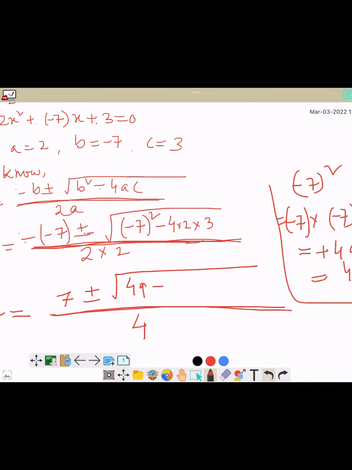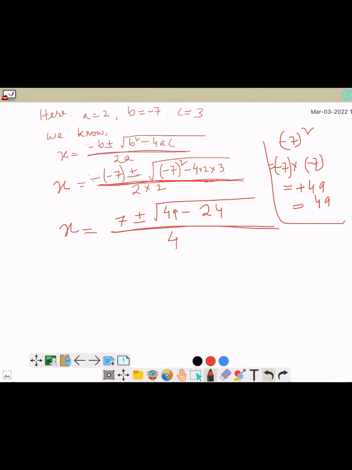Then this is minus, so you can simply multiply this: 4 into 2 is 8, 8 into 3 is 24. Okay, very simple. So we have put the value of a, b, c and then we have done simplification.